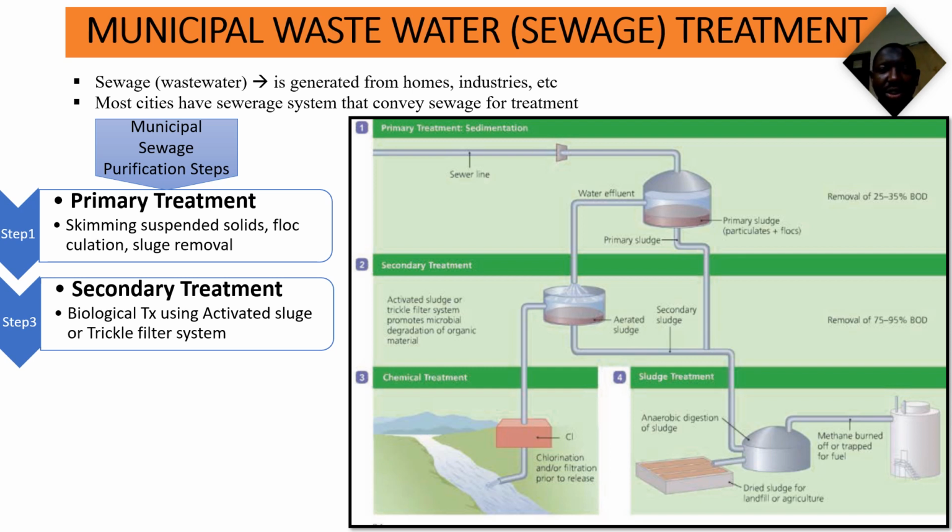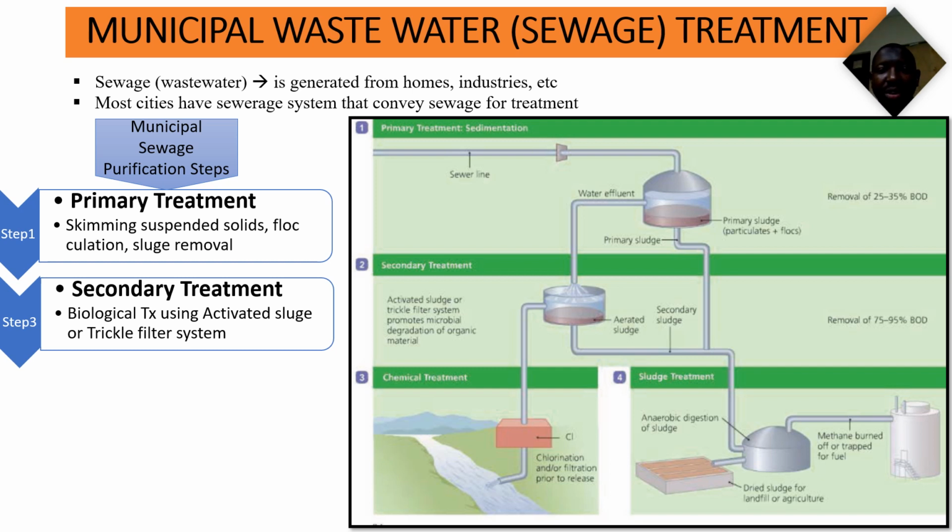So after all this, after the degradation of the suspended particles, the settled sludge will be pumped together with the primary sludge to anaerobic holding tanks, where it will be further treated.